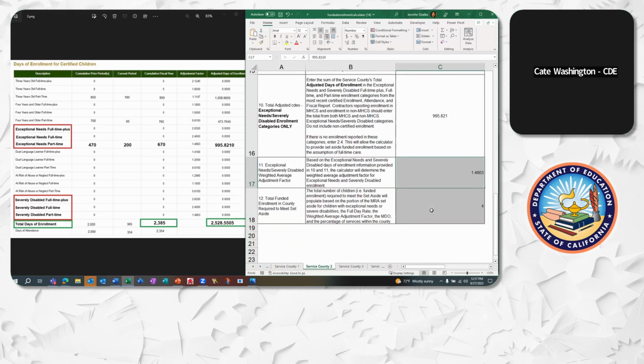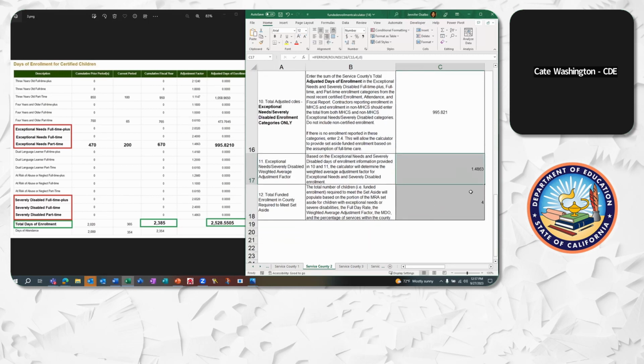The calculator has determined 4 children are required to serve the set-aside associated with this county. Now we can take a look at the Summary tab, which will display the information for both service counties.